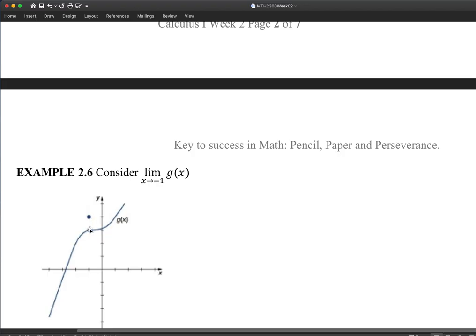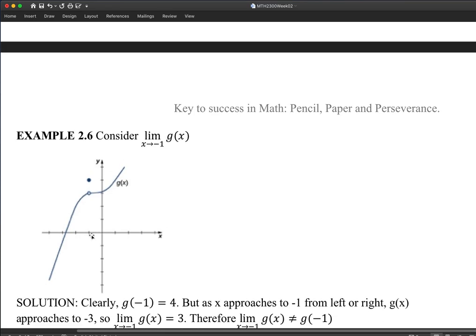So here is what I see. First of all, the empty circle is not a function value. But the solid dot is. So g of -1, the function g at x equals -1, is 4.